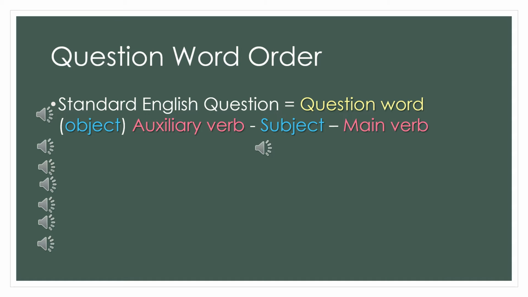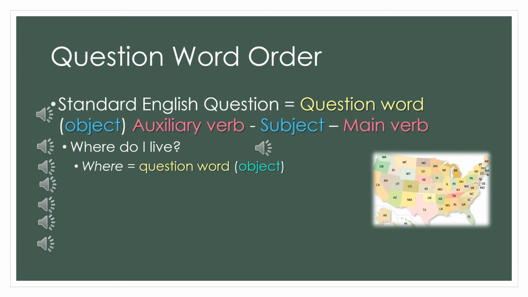The standard English question order is the question word, maybe an object, then an auxiliary verb, then a subject, then a main verb. For example, where do I live?